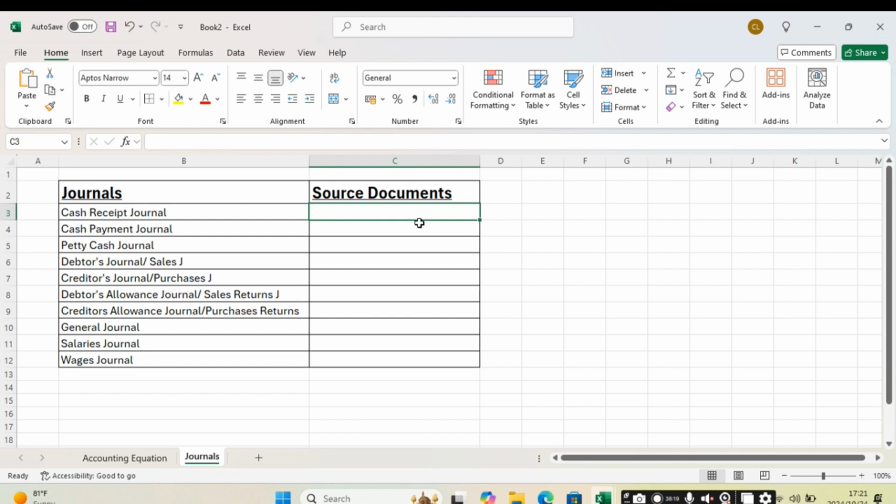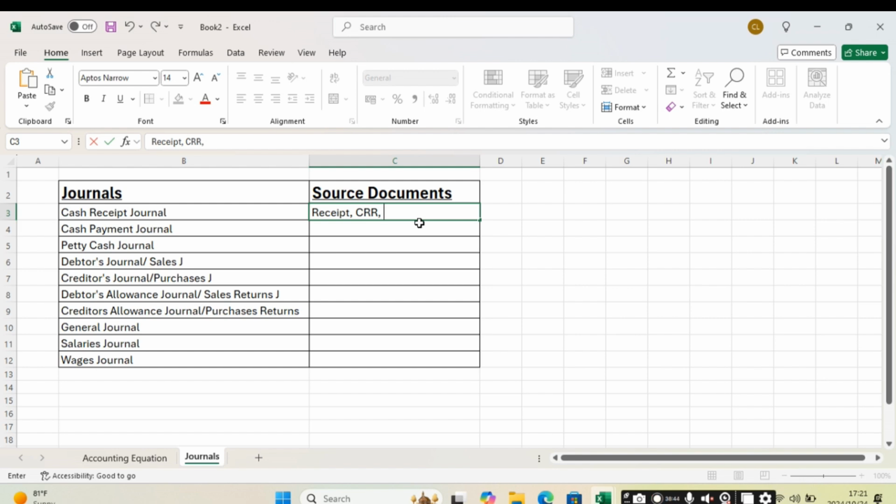Okay, so CRJ, let's do this quickly. It's 40 minutes already into the video, so I'll just write down these source documents quickly. For our CRJ, the source documents will be our receipt, our CRR, the cash register roll.